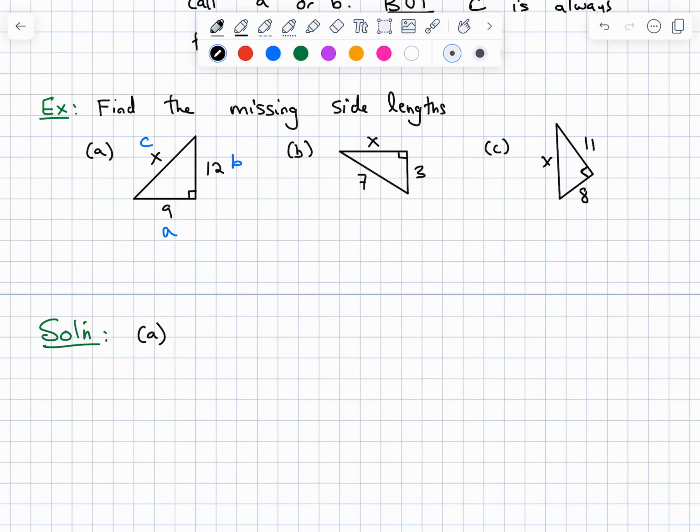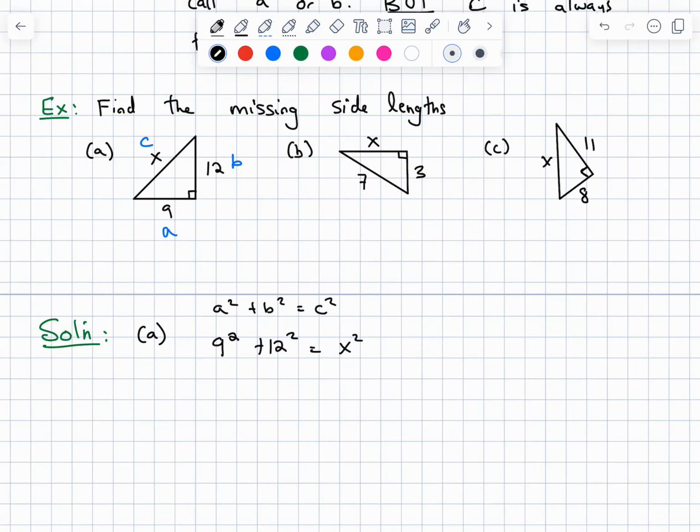So the Pythagorean theorem says A squared plus B squared equals C squared. If you're having trouble memorizing these things, rewriting the formula every time helps you memorize it. So you can rewrite A squared plus B squared equals C squared if you want. But it does not matter to me. So A squared, so 9 squared, plus B squared, 12 squared, is equal to X squared.